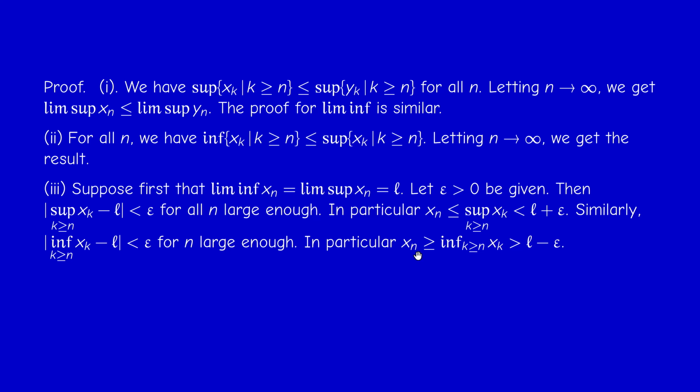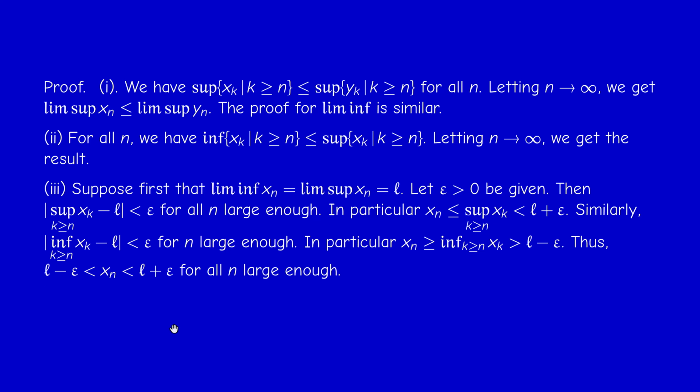Why are we doing this? Because, of course, the inf is less than xn, for all n large enough. Let us say here n bigger than n1, here n bigger than n2. In order to obtain both inequalities, we take n bigger than n1 and n2. So for all n large enough, xn is between L minus epsilon and L plus epsilon.